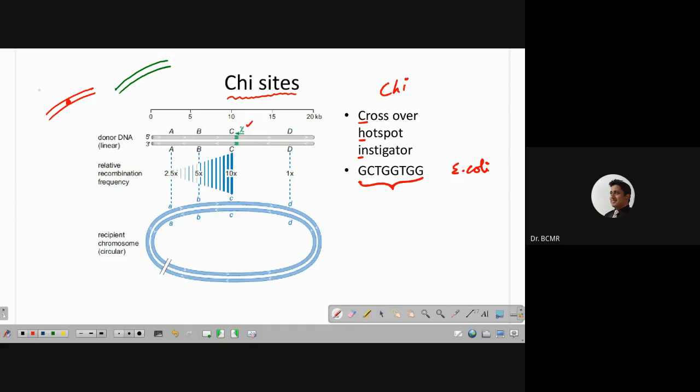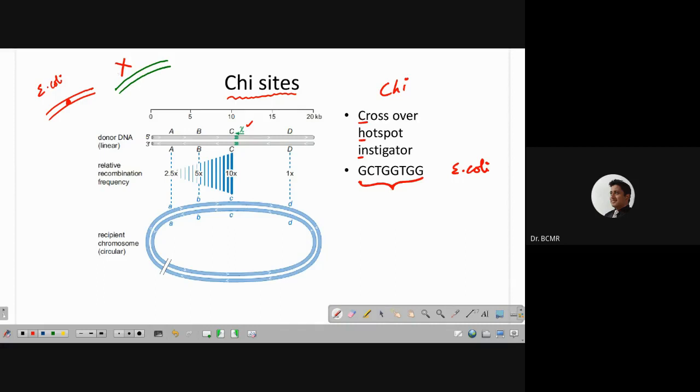That means the first is likely to come from E. coli, and the green one, without a chi site, is unlikely to come from E. coli.